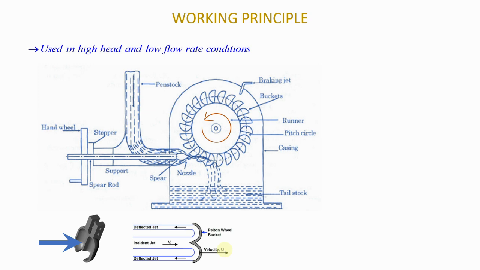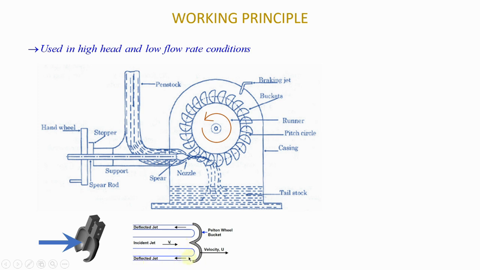Okay, what I wanted you to see is that when you look at a bucket in 3D, in the middle of it you have a shape that allows the jet of water to be split and to be sent in two different ways. Okay, and you can see here the split occurs at this point here, and the jet will go in this direction and then in that direction, and because of the shape of the bucket it gets deflected backwards.